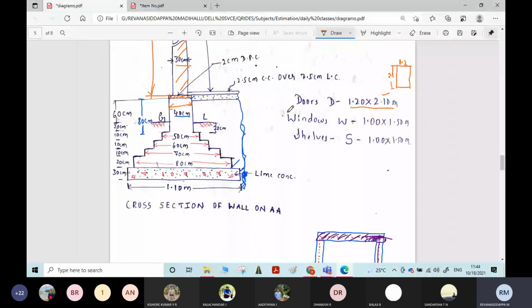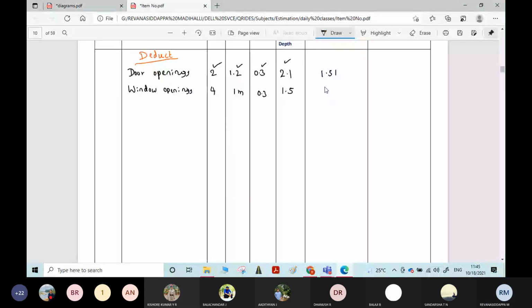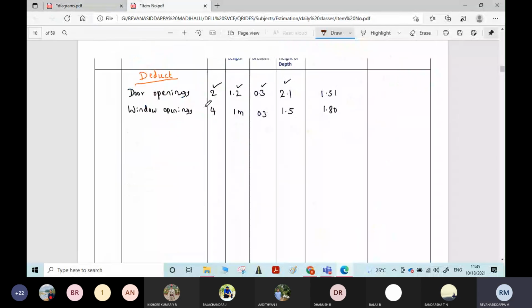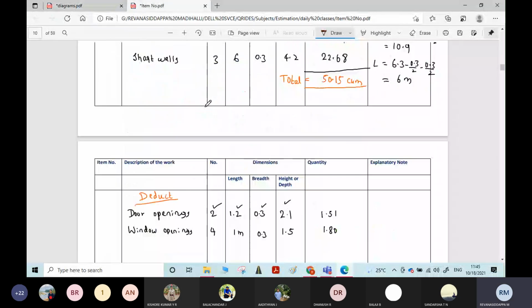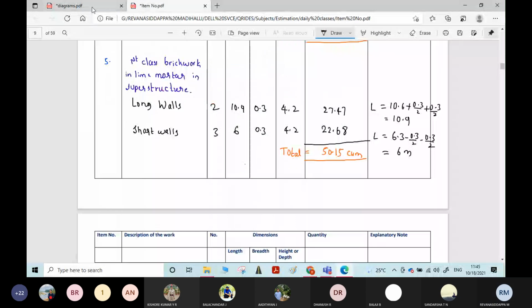The total quantity is 1.80. Then there are two more openings, that is, openings with respect to the shelves.